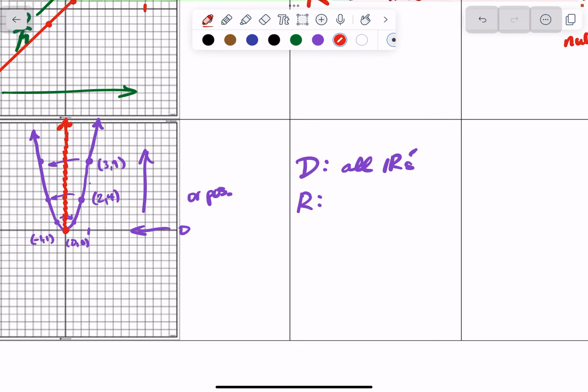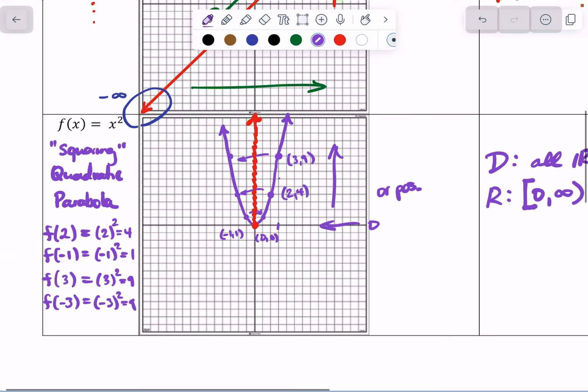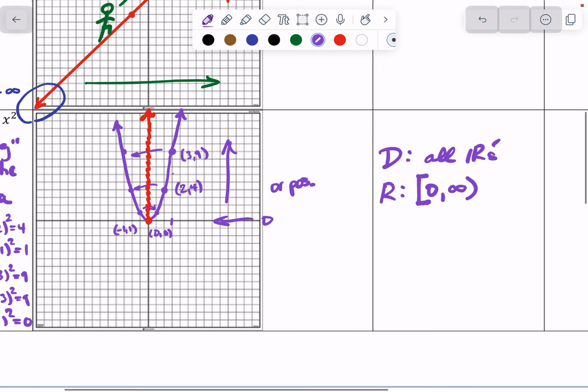Remember, the range is sort of like the shadow that the function casts onto the y-axis. So our range would actually be 0 to infinity. Remember, we do not include infinity, that's parentheses, but we do want to include 0. 0 is a valid input. We can plug in 0, right? F of 0 equals 0. So just doing some quick math over there.